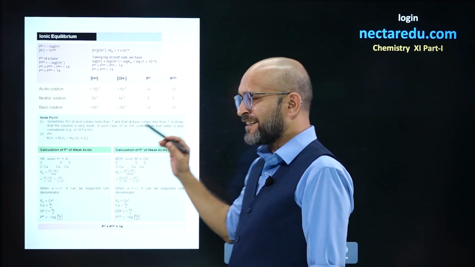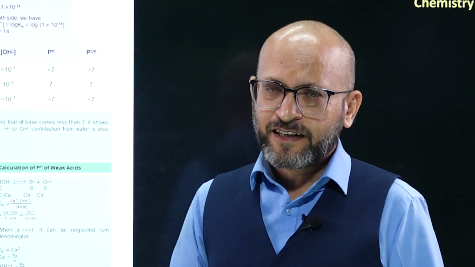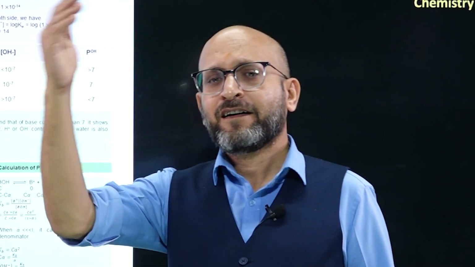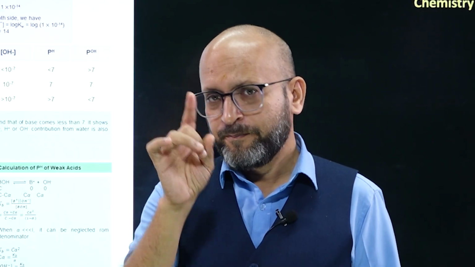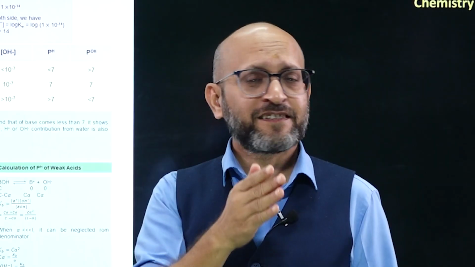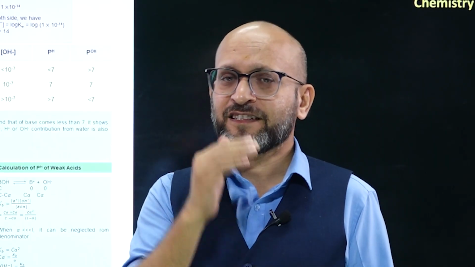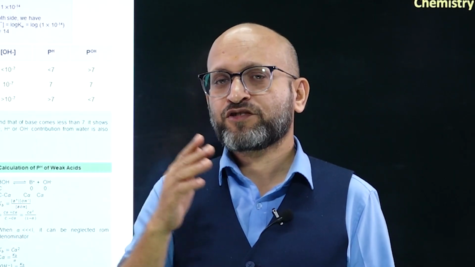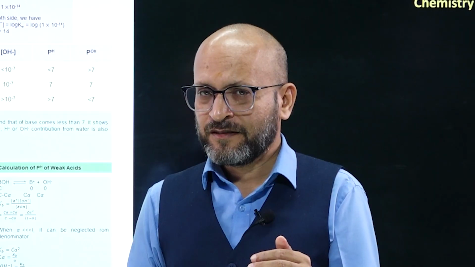Now, certain solutions are there where you will see that the solution is acidic but pH is coming greater than 7. There will be certain solutions where basic solutions will have pH less than 7. As you know, for an acidic solution pH should be less than 7 and for a basic solution pH should be greater than 7. So why does this happen?